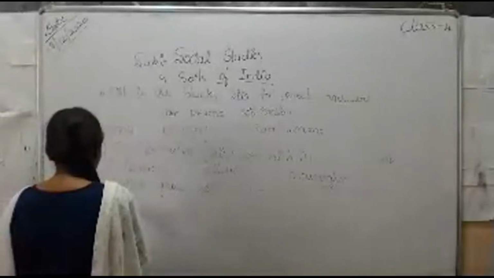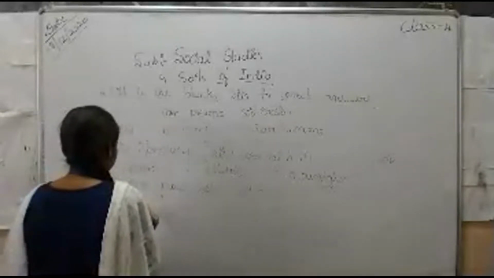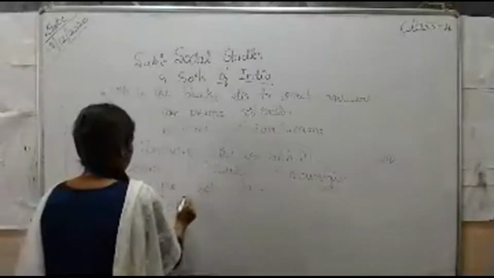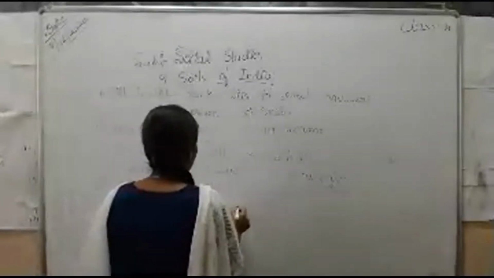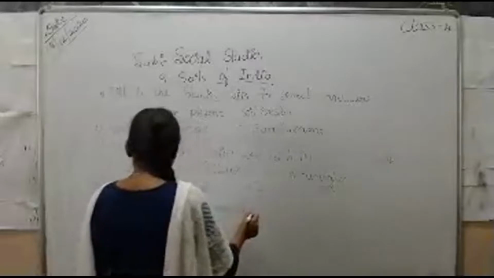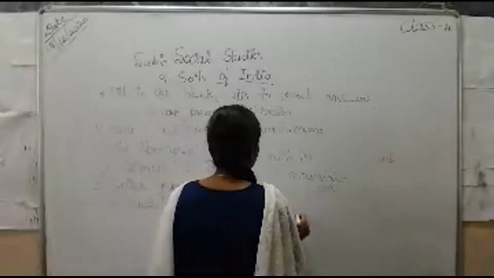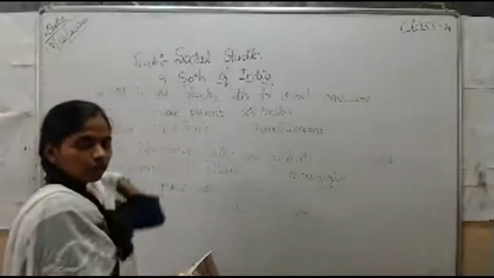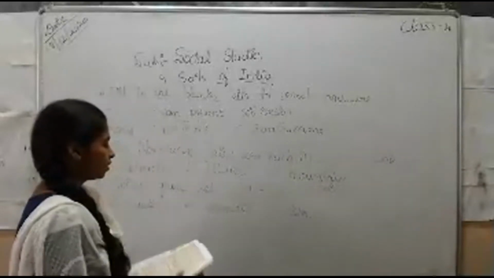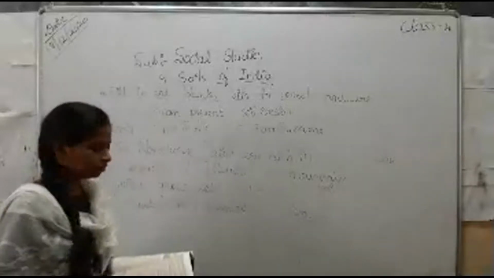Option A, alluvial. Option B, mountain. Option C, desert. So mountain soil is suitable for growing the spices. B is the correct option.